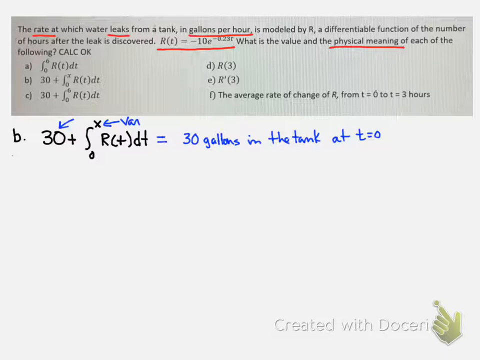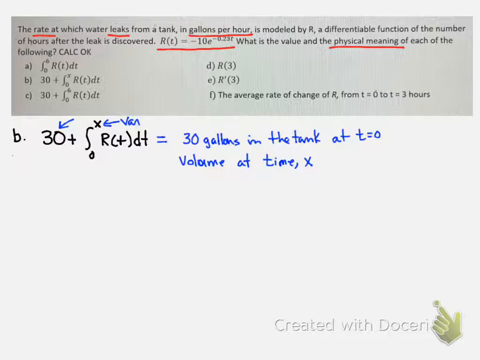And this equation will give us the volume at time x, for any time x. And that's what this is going to give you.